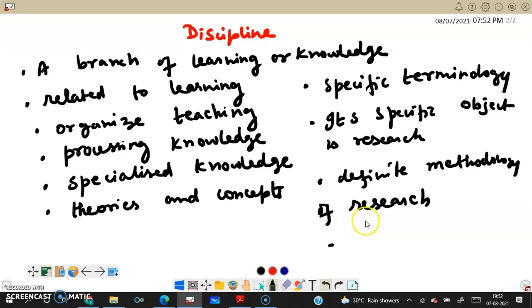What is an academic discipline? Disciplines have a particular object of research.